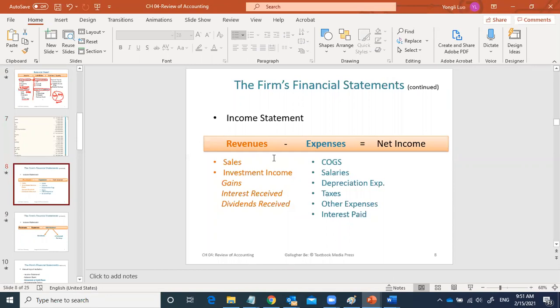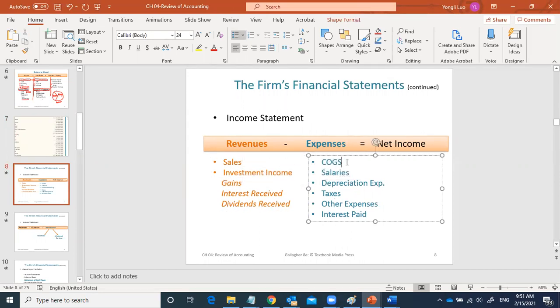For the income statement, you include a revenue part and an expense part. The revenue is, for example, your total sales, total revenue, and then investment income, interest received, dividends received, or capital gains.